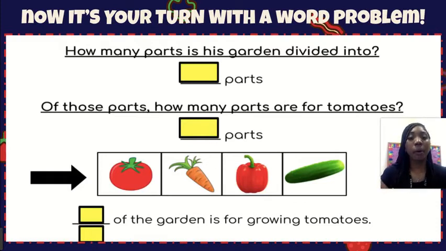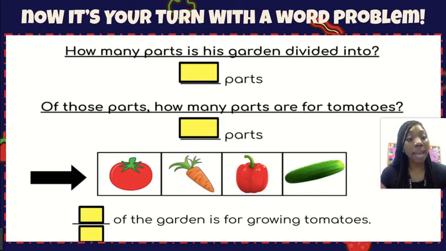You're going to think about, well, how many parts is his garden divided into? Of those parts, how many parts are for tomatoes? And then you're going to tell me the fraction of the garden that is for growing tomatoes. So, right now, I want you to pause the video here.